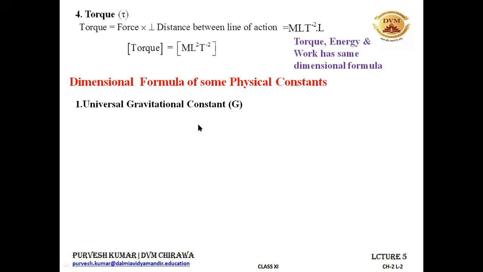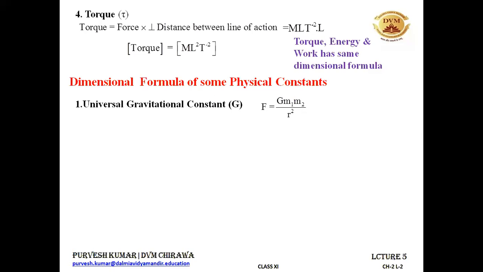And you have studied about this in the first chapter as well as in your class 9th, what the universal gravitational constant is. So the force between two bodies of mass m1 and m2 in this universe is given by this formula, F equal to G m1 m2 upon r square, where G is your universal gravitational constant. In order to find the formula for G, we need to write the equation like this, that G is equal to something.